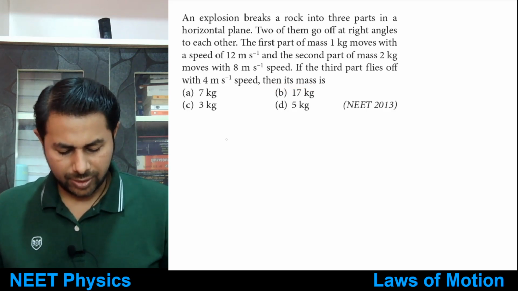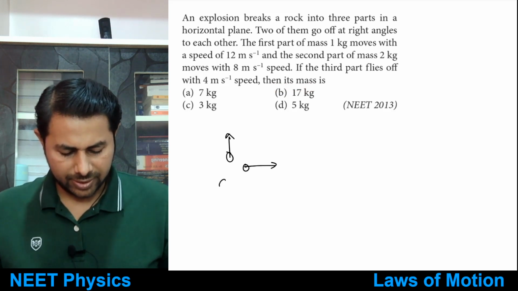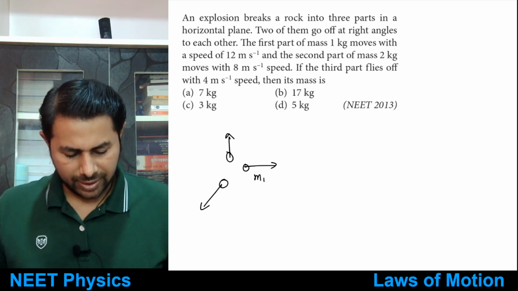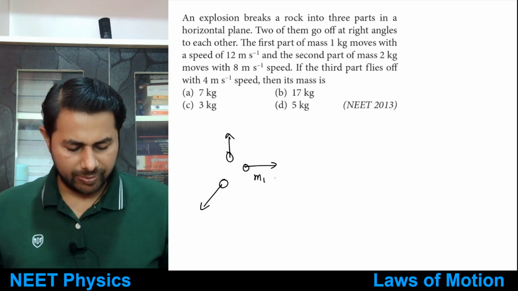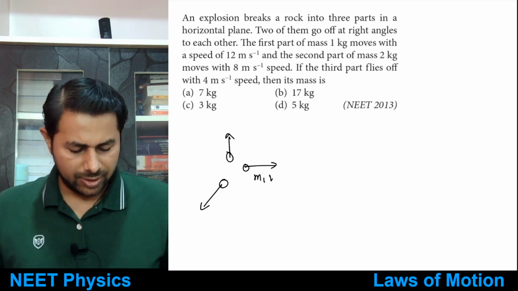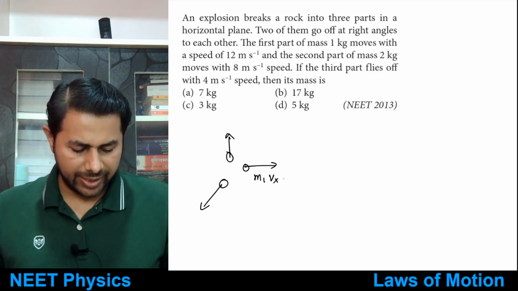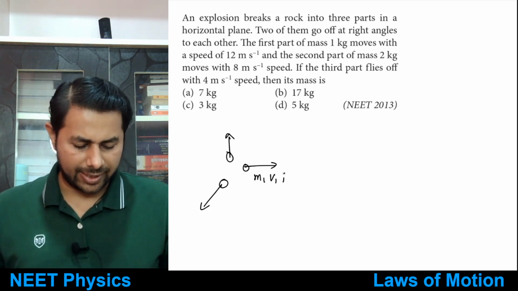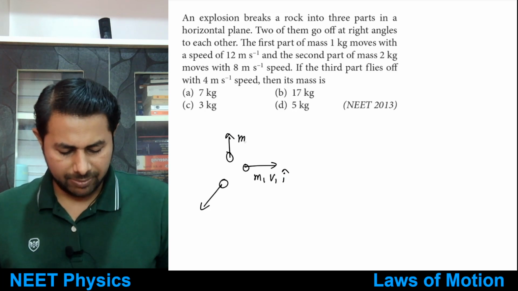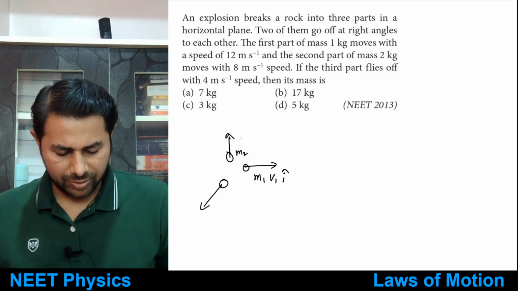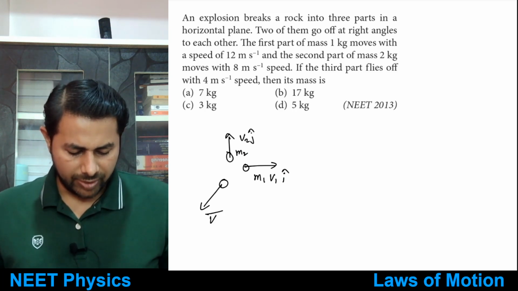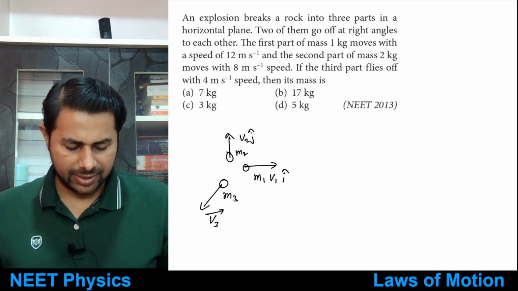Okay, no problem. So you have, let's say this is the first one, this is the second one, this is the third one. The first one, m1 v1 bar, is moving in the x direction. So let's say V1 is the speed into i cap, and for this one it will be m2 V2, m2 is the mass, V2 is the speed, so V2 j cap, and for this one the velocity is V3 bar, let's say the mass is m3.